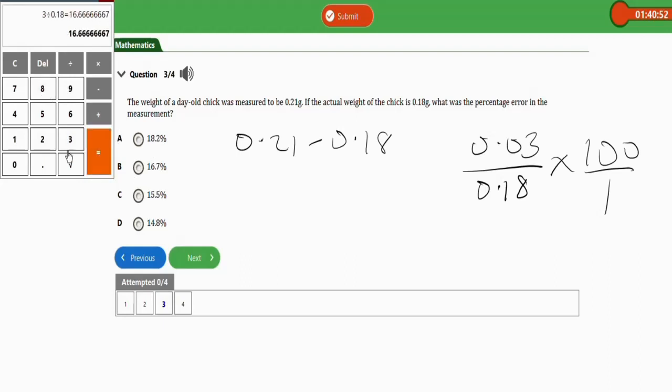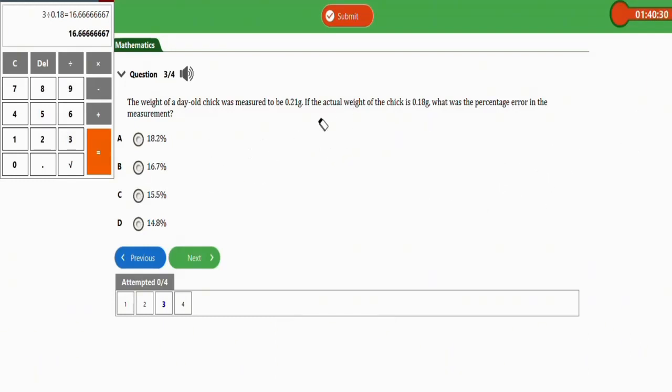So the output is what? 16.66, which is equivalent to 16.7 when you are estimating to 1 decimal place. So it will give you 16.7. So the correct option is option B. It's as simple as this. So lastly, let's wipe this and solve the next question.